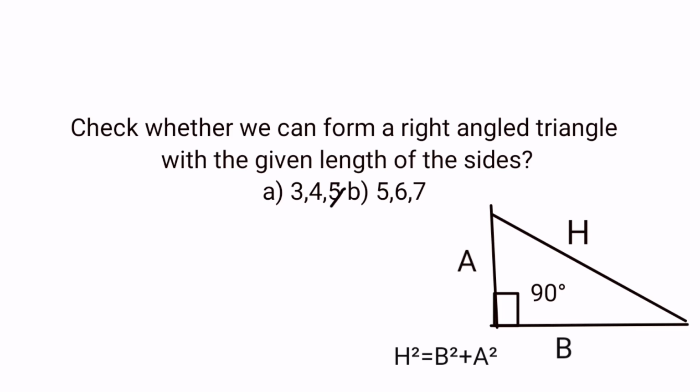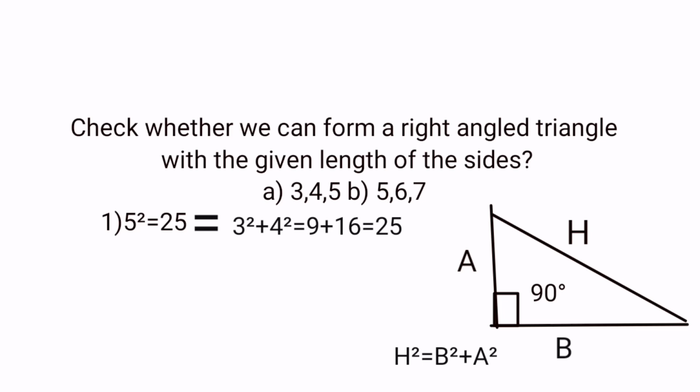And we have to check whether 25 is equal to the sum of squares of other two sides, that is 3 square plus 4 square. 3 square is 9, 4 square is 16. 16 plus 9 is 25. So we will get it as hypotenuse square is equal to base square plus altitude square. Since this condition is satisfied, we can say that these three lengths will form a right angled triangle.